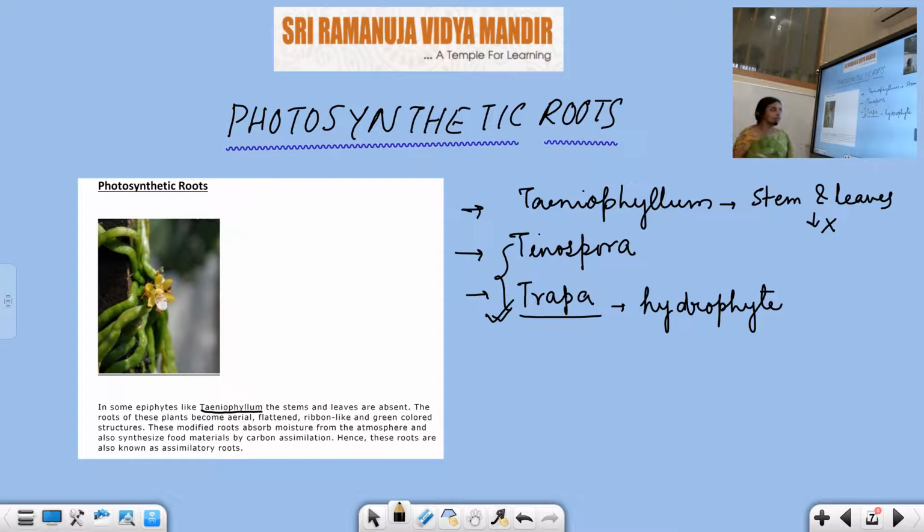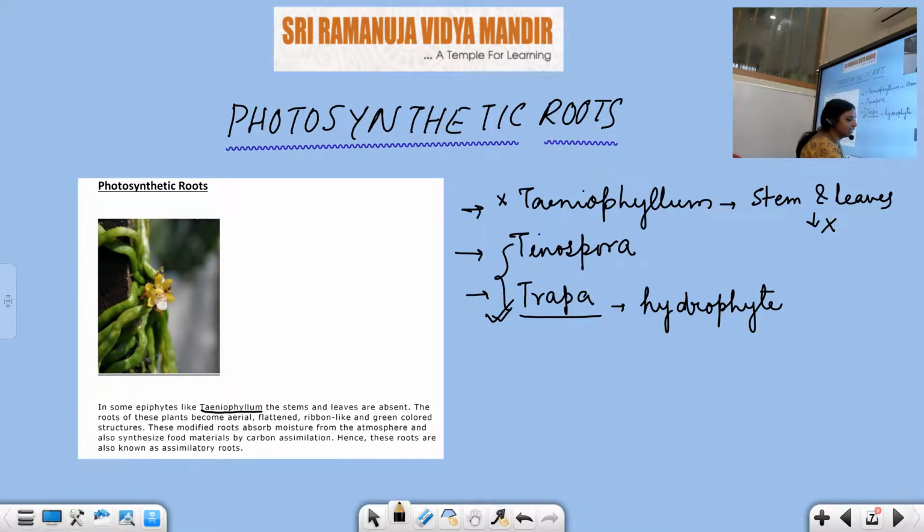So if it is asked which plants have additional photosynthetic root, and Tinospora, Trapa and Taeniophyllum are given, then cut Taeniophyllum and tick Tinospora and Trapa, because in these two plants leaves and stem are present, but still the root is performing photosynthesis. So this is the photosynthetic root. Another name of photosynthetic root is assimilatory roots.